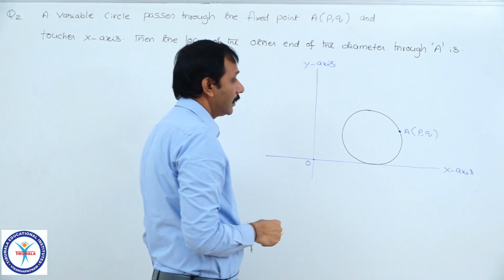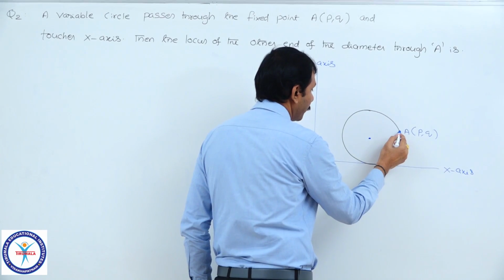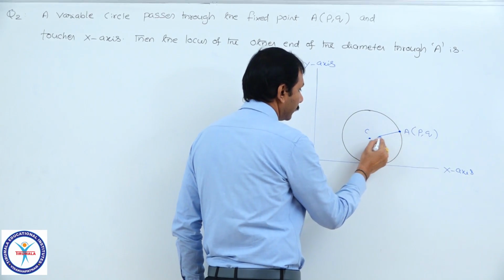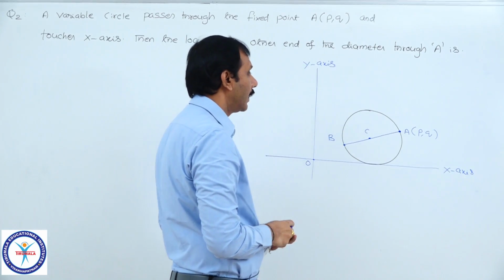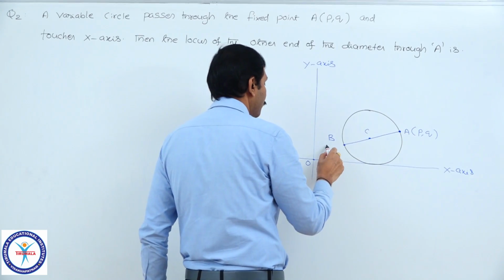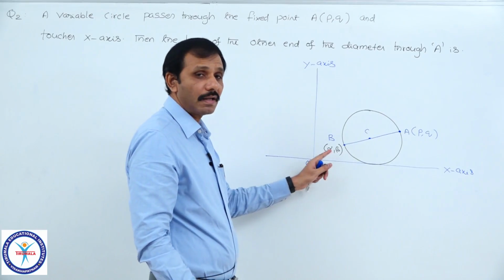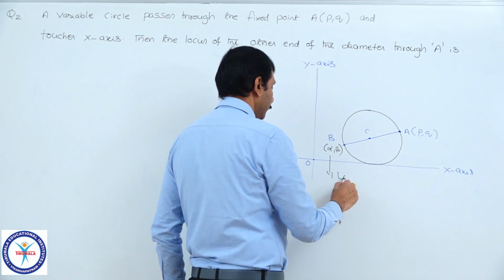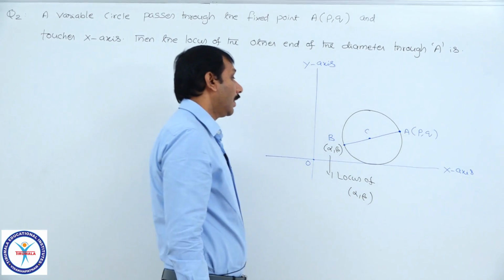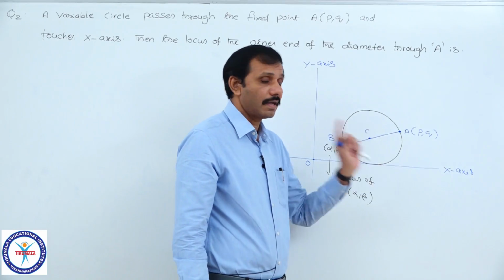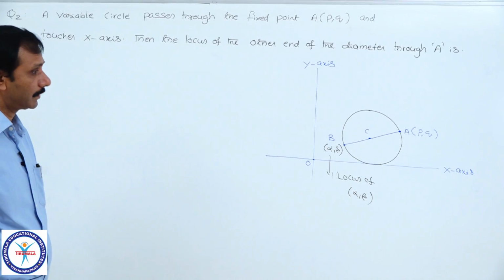Now, they are asking us to find the locus of the other end of the diameter passing through capital A. Suppose this is the center. Let B be the other end of the diameter, whose coordinates I will take as alpha, beta. Now, I want the locus of this alpha, beta, and of course, when it touches the x-axis. Hope you understood the meaning of the problem first.